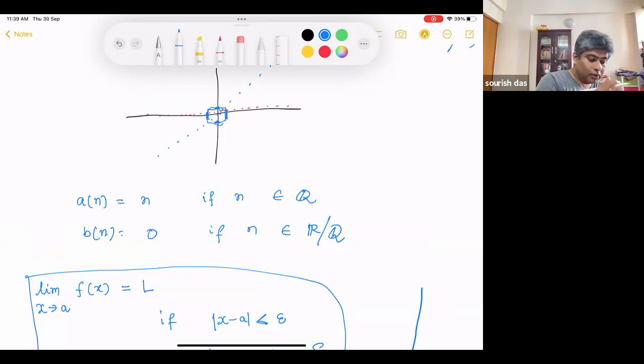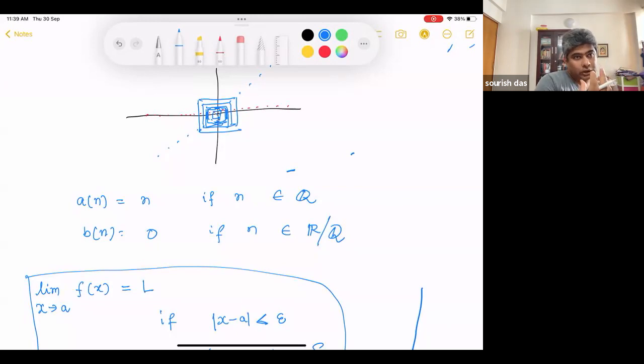And now, as x goes to 0, suppose epsilon becomes smaller and smaller. Basically you have first a bigger box, then a smaller box, then a smaller box, and so on. As epsilon becomes smaller, your box becomes smaller.